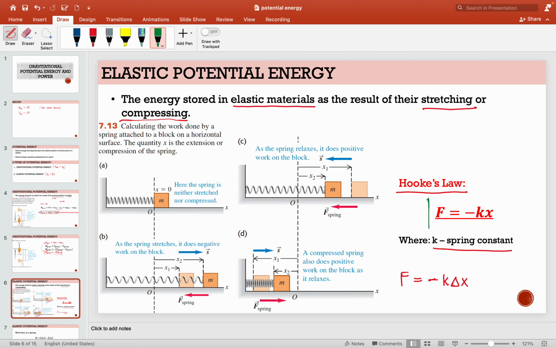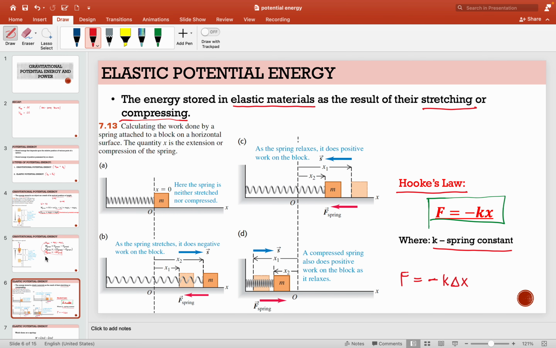Again, this is our equation for Hooke's law: F is equal to negative k times x. K is our spring constant, which depends on how much force you exert per meter, or per distance, that you stretch or compress it.